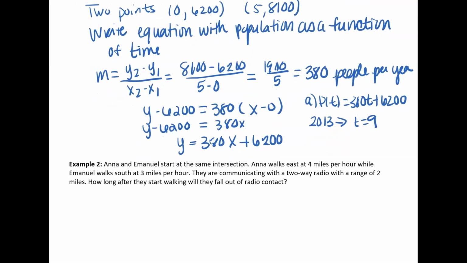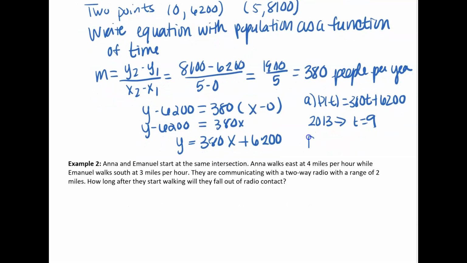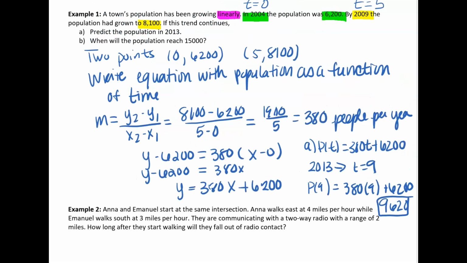So 9 years later, I'm going to say P of 9 and plug that in: 380 times 9 plus 6,200. Use your handy dandy calculator, and that should give you a value of 9,620. So the predicted population in 2013 is 9,620.